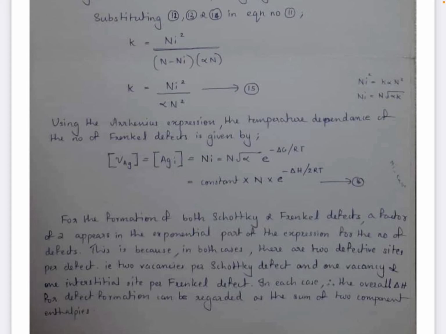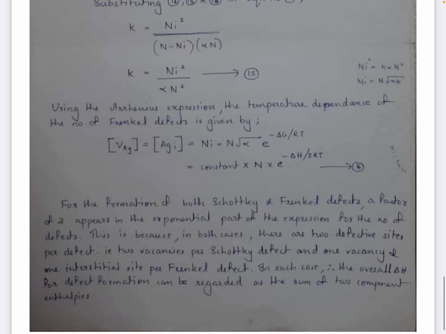That is, in the case of a Schottky defect, one is the cation vacancy and another is the anion vacancy. That is the 2 vacancies per Schottky defect. And in the case of Frenkel defect, there will be 1 vacancy defect as well as 1 interstitial defect. That means 2 defects also occur in the case of Frenkel defect. That is, the overall delta H for defect formation can be regarded as the sum of 2 component enthalpies.